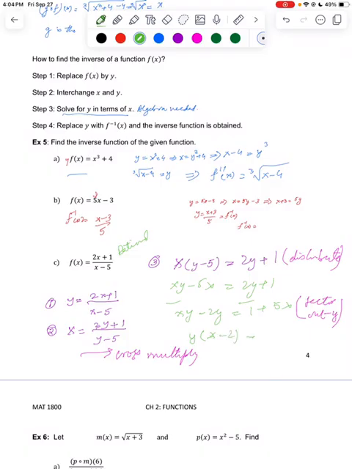And the last step is that we divide by x minus 2. So this is your f inverse of x.